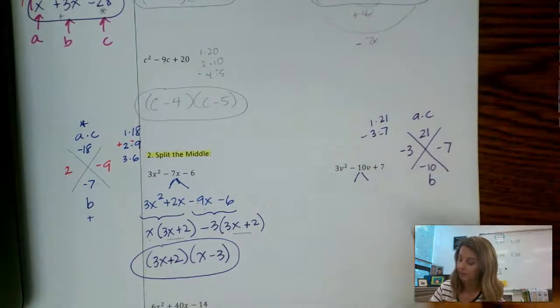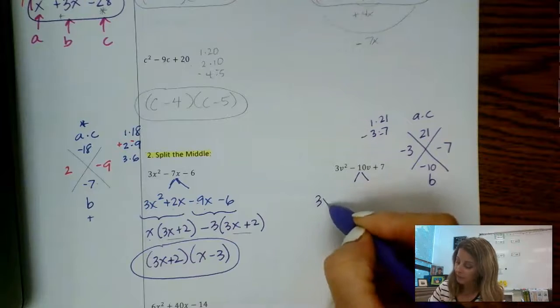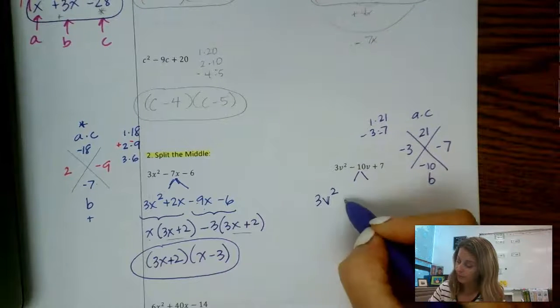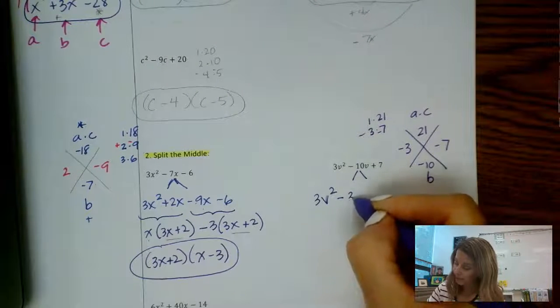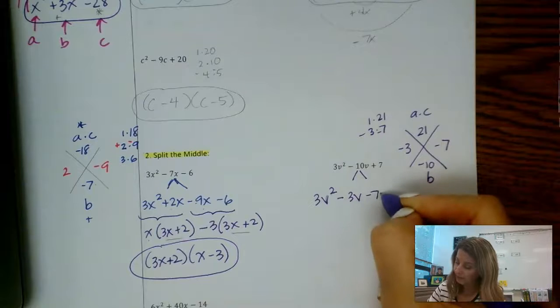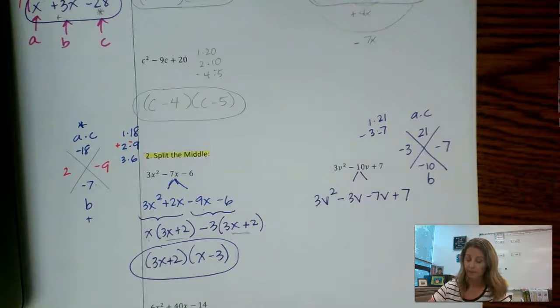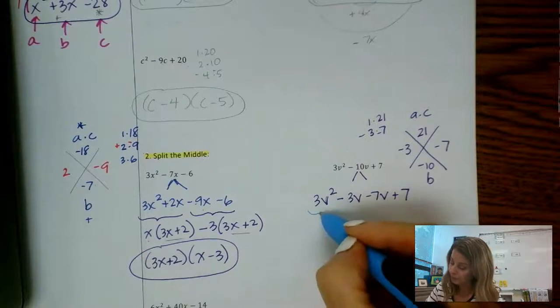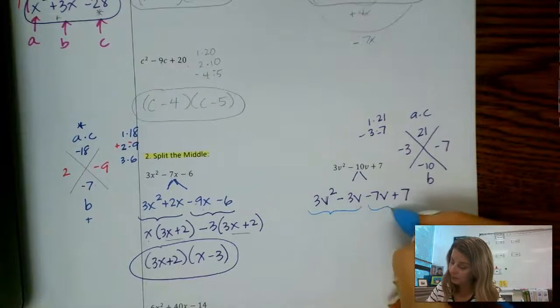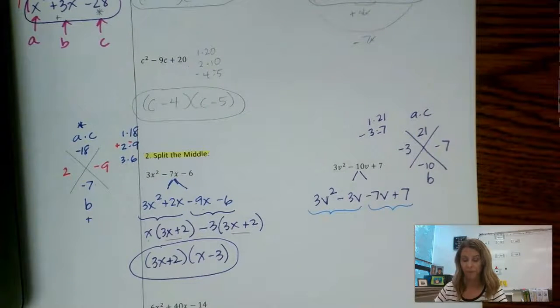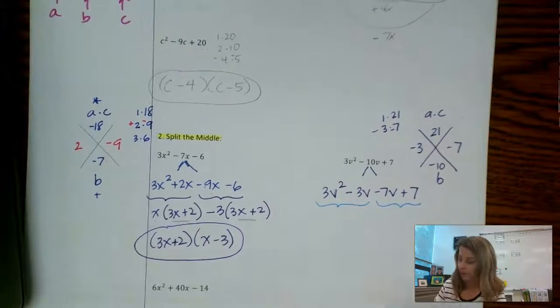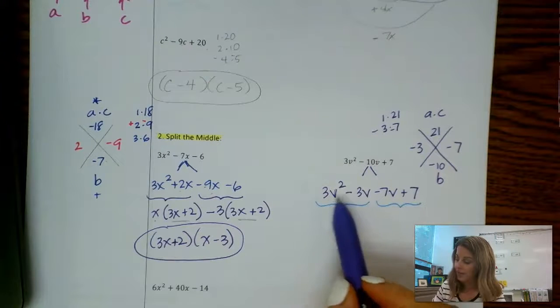All right, split the middle. So 3v squared minus 3v minus 7v plus 7. So let's group. I'm going to view these two and then those two. Okay, I can factor a 3 and a v.